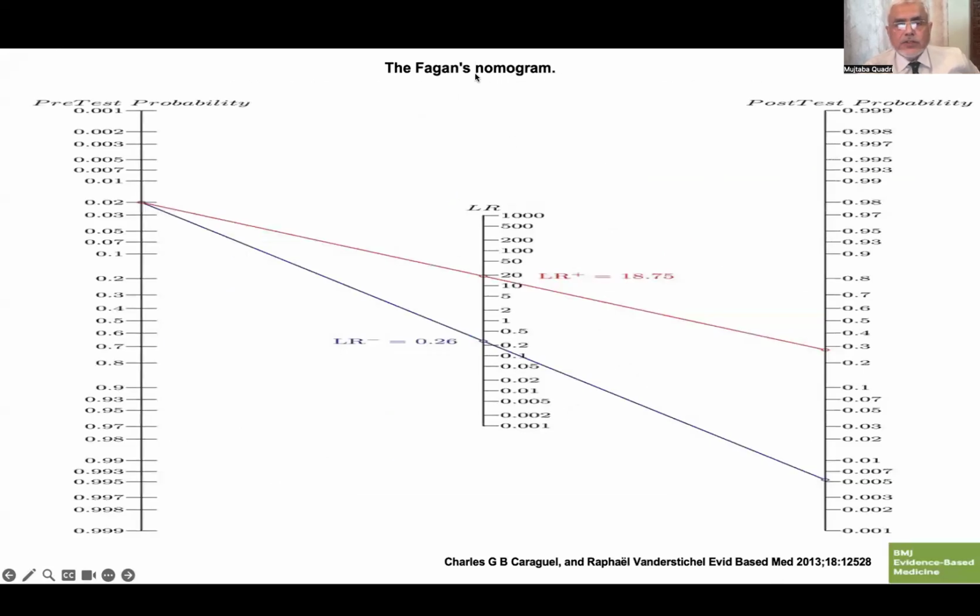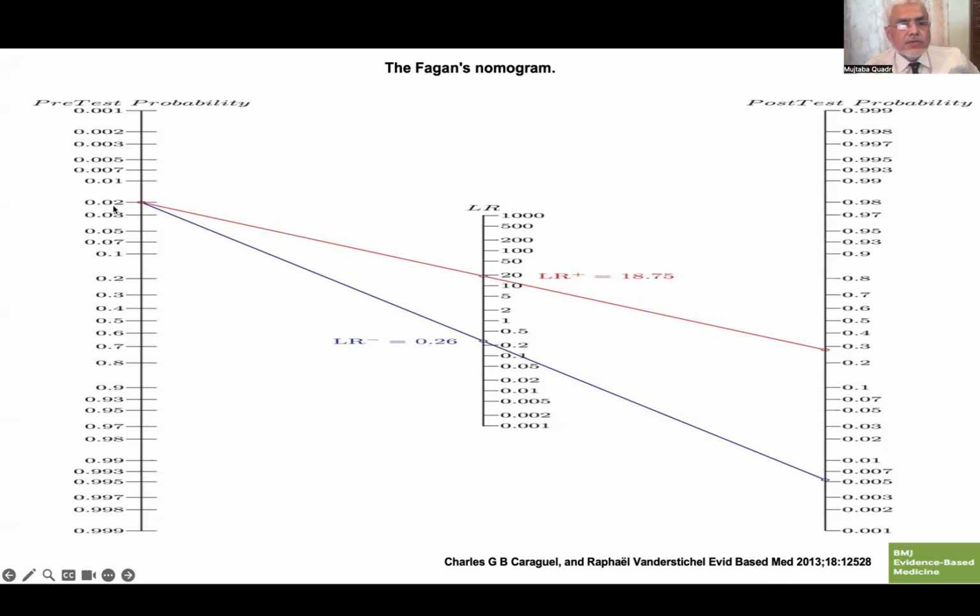So this Fagan's nomogram shows you a pretest probability of a particular diagnosis on this bar, a post-test probability on this bar, and likelihood ratios here. You can think of a positive likelihood ratio as sensitivity over 1 minus specificity, and a negative likelihood ratio as 1 minus sensitivity over specificity, and a test with likelihood ratio more than 10 usually will increase your post-test probability significantly.